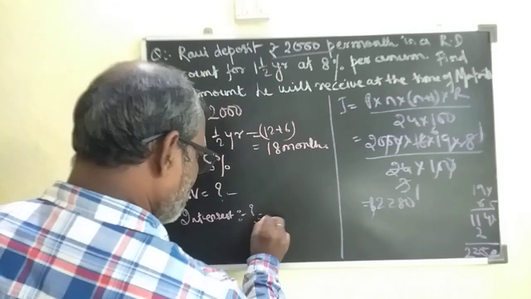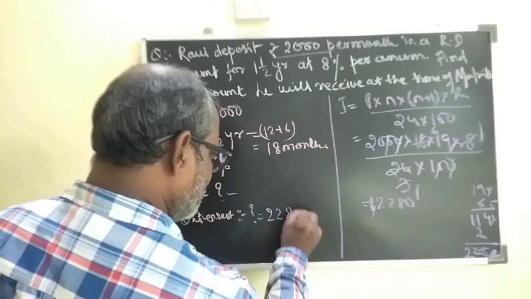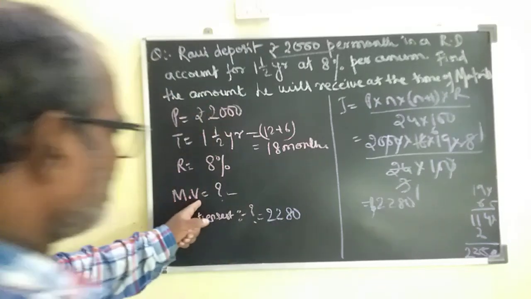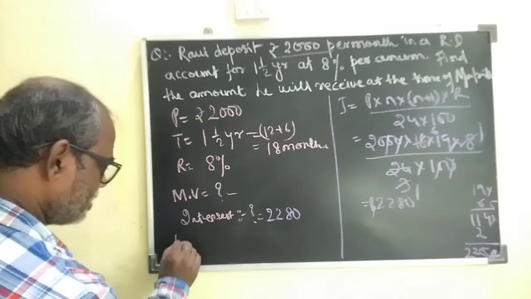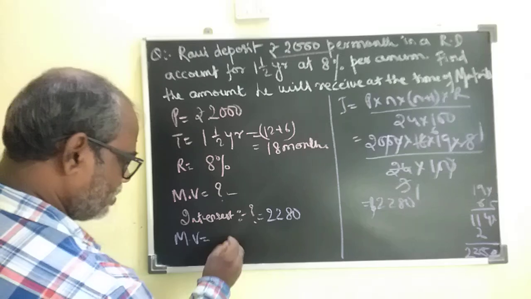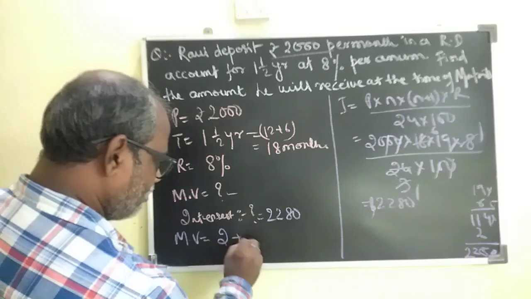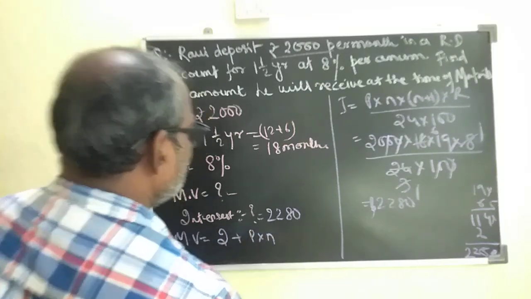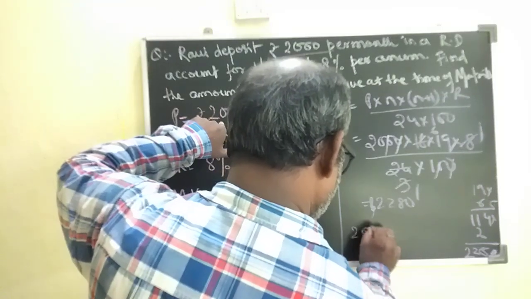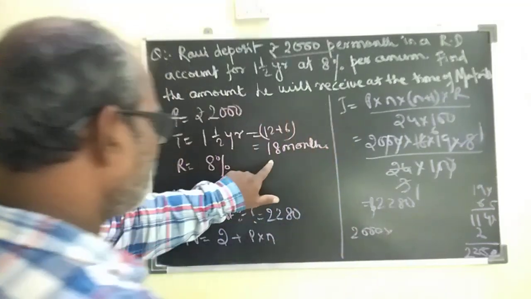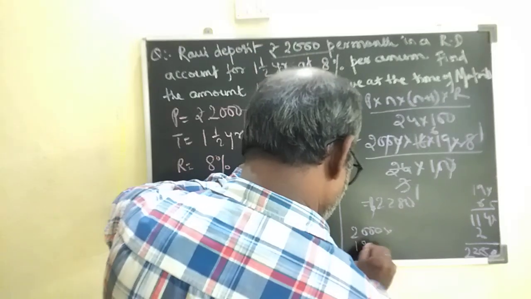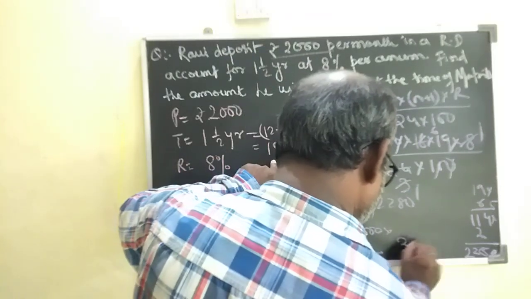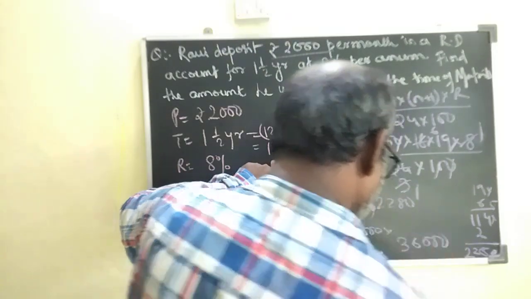So we write here 2280. Now we have to find the maturity value. We know the formula of maturity value: MV equals interest plus total amount, that is P into N. Now here the principal is 2000. So 2000 into N, the number of months, is 18. 18 twos are 36, so 36,000.